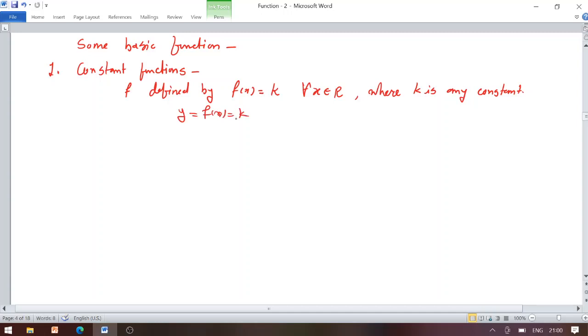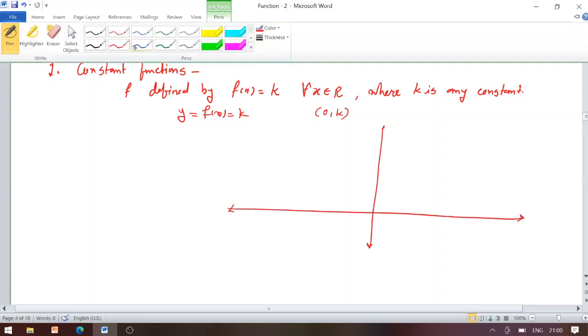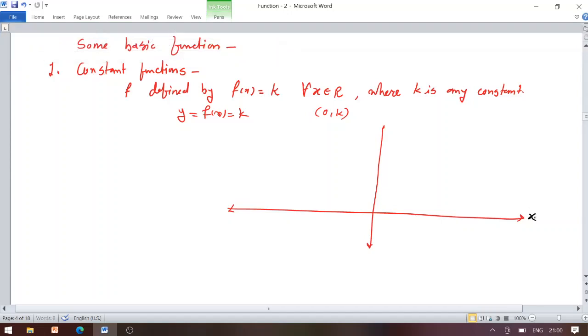So it is a line parallel to the x-axis and passing through the point (0, k). Keep in mind. Looking at the graphical representation, suppose we have the xy plane, horizontal axis the x-axis, vertical axis the y-axis, and somewhere we have the point (0, k) on the y-axis.